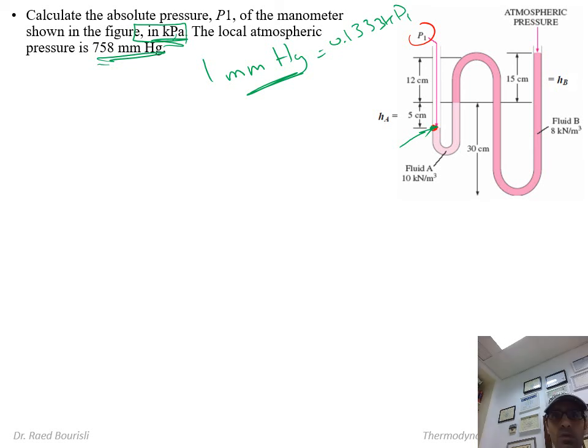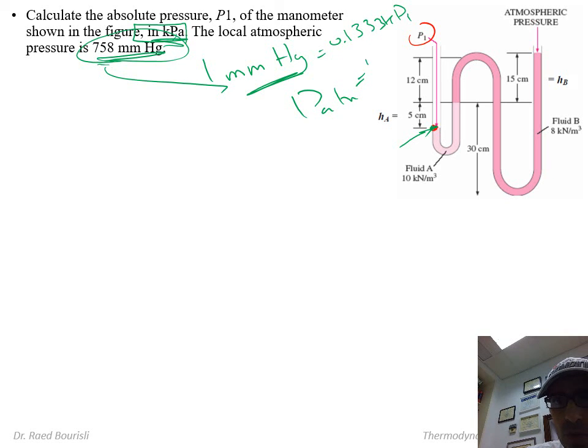So you could multiply this by this number and you get it in kilopascal. So we converted the atmospheric pressure: P atmospheric is equal to 0.1333 times 758.